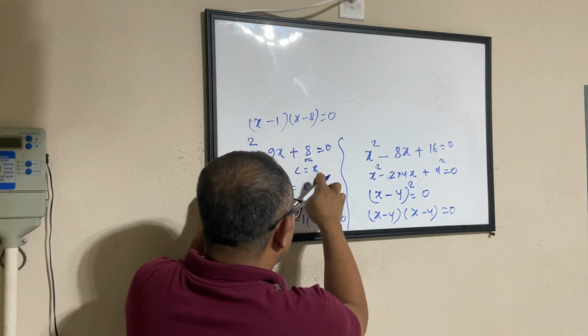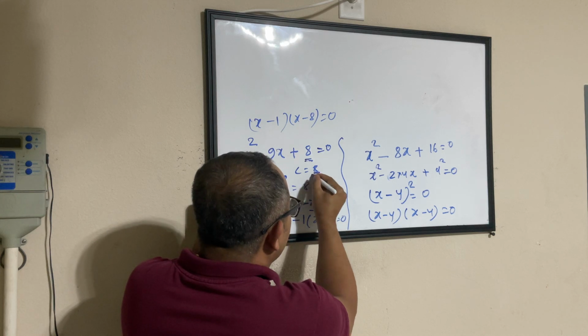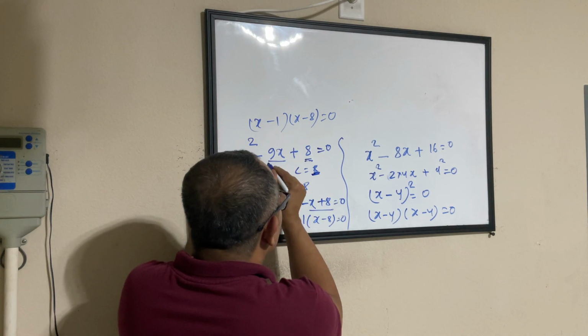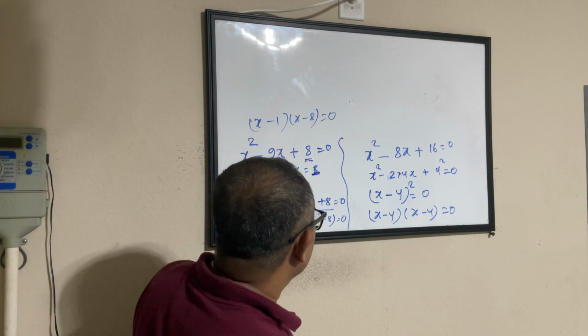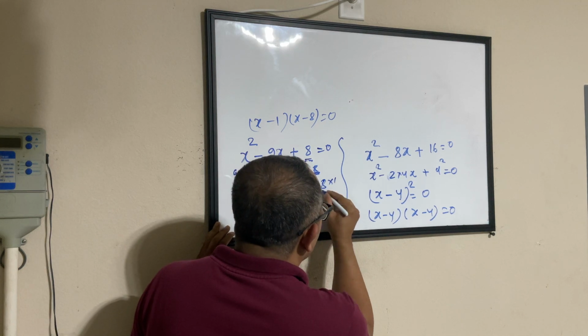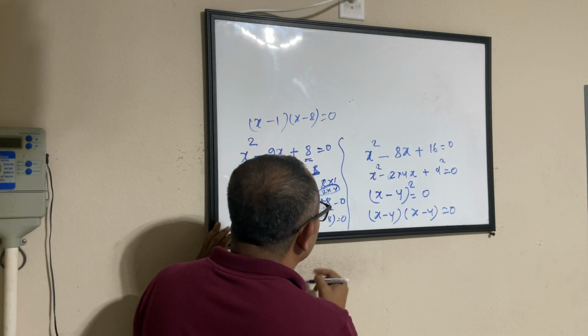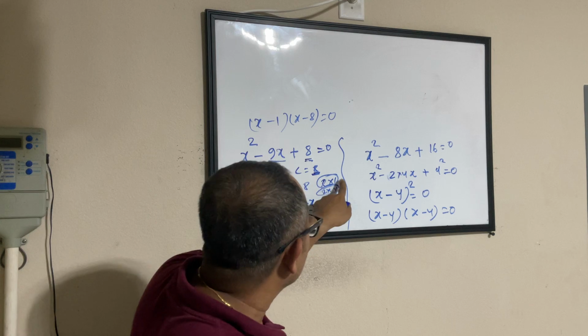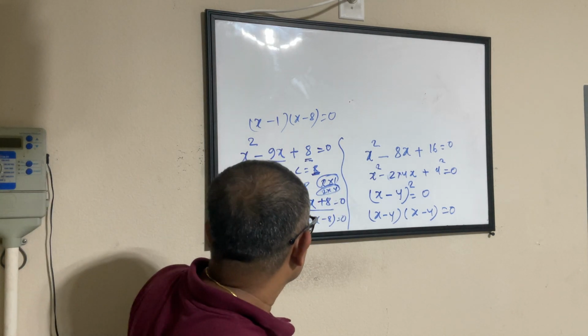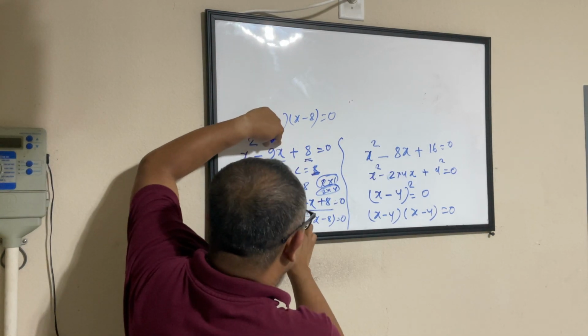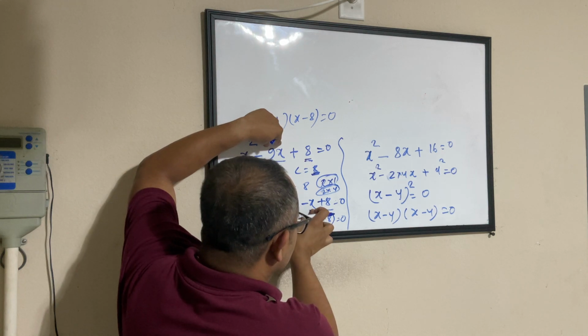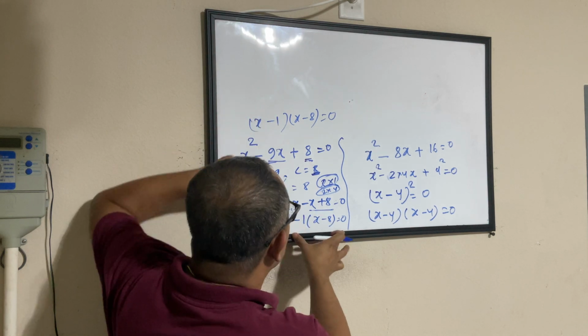I got 8, and I am trying to break 8 into 2 parts such that I get a 9. Factors of 8 are 8 into 1, 2 into 4. I am not interested in 2 into 4. This one is enough for me: 8 and 1 makes it 9. So I use that for breaking minus 9x into minus 8x minus x. And then it gave me this factor.